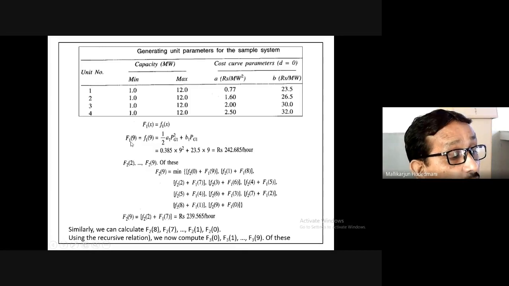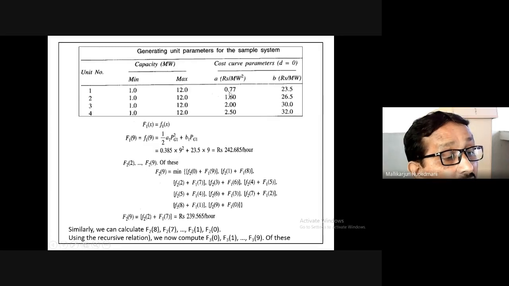It is nothing but one machine dealing 9 megawatt equal to F1 of 9 from machine number 1, which is equal to half A1 PG1 square plus B1 PG1. A1 and B1 I take from this position, which you can see here. This is half, this is nothing but 0.77 divided by 2, which is 0.385.